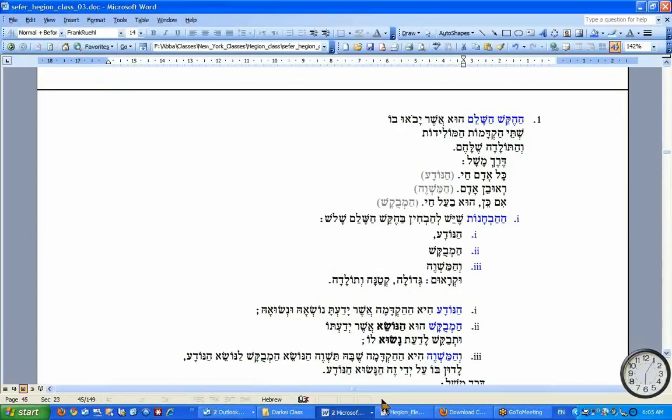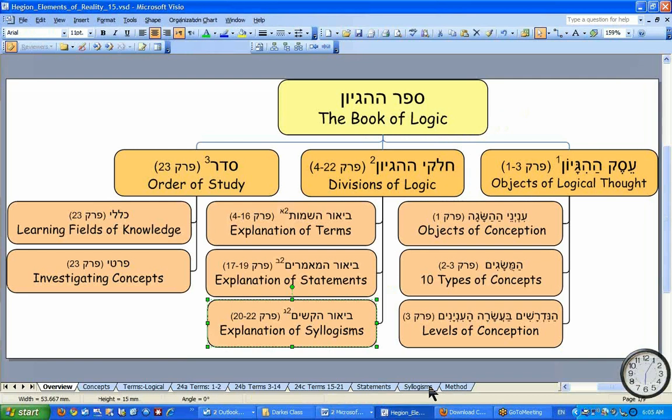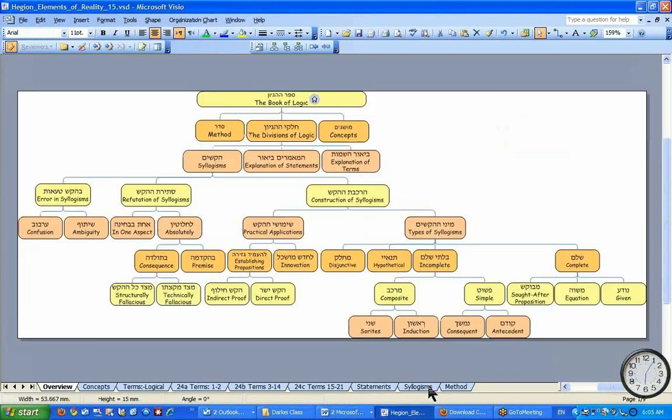Now let's start the second part of the chapter. He's going to now, this will be familiar to us from the Gemara. I'm sorry, I jumped too quickly. What I want to do is just show you our chart where we were holding. Terms, statements, syllogisms. Here's our syllogisms. We haven't discussed what's on this chart. He first gave a Hagdama, a preface about how syllogism works.